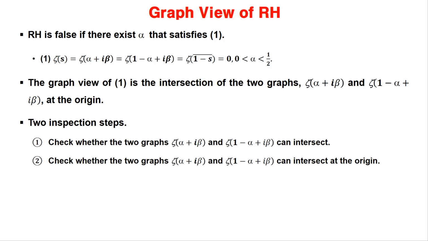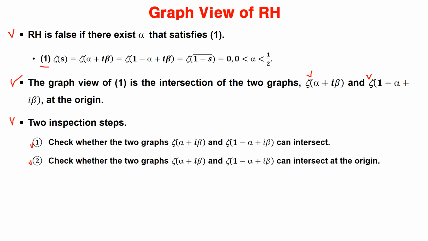So the graph view of the Riemann hypothesis can be summed up as follows. First, the Riemann hypothesis is false if there exists an alpha that satisfies 1. Second, the graph view of 1 is the intersection of the two graphs, this and this one, at the origin. So we took two inspection steps. First, check whether the two graphs can intersect.